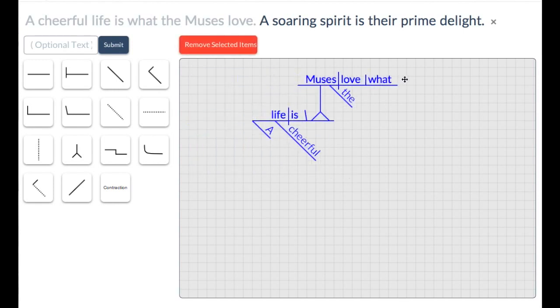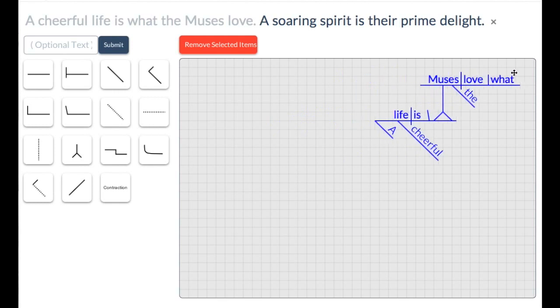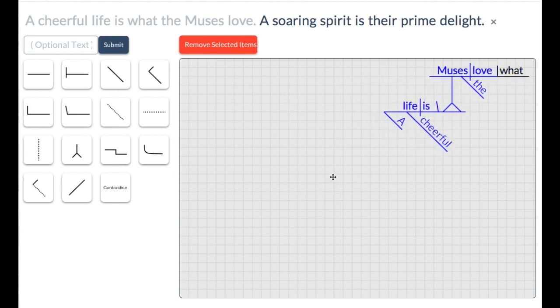Let's move that over here so we have some room to work with for our next sentence. A soaring spirit is their prime delight. Okay, so step one, what's the subject? Spirit. Get that on here. And look at this. Is our verb again.